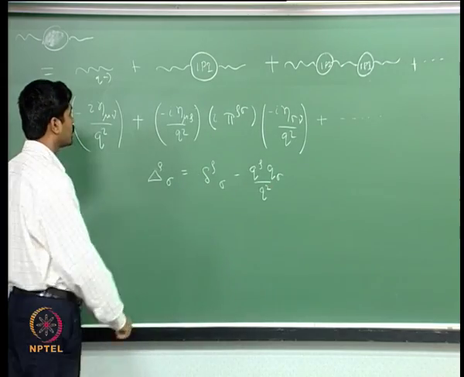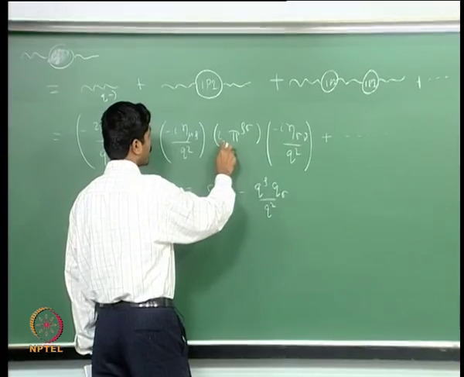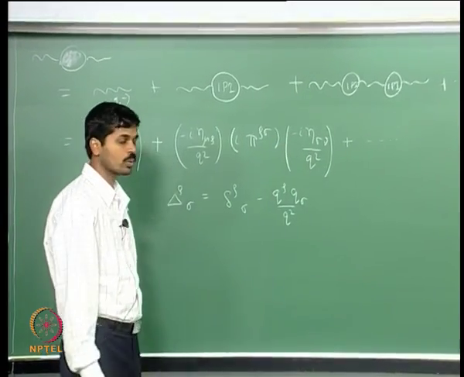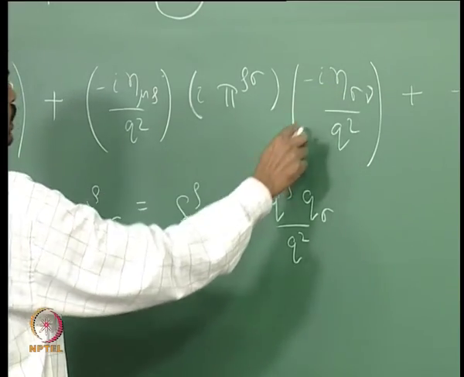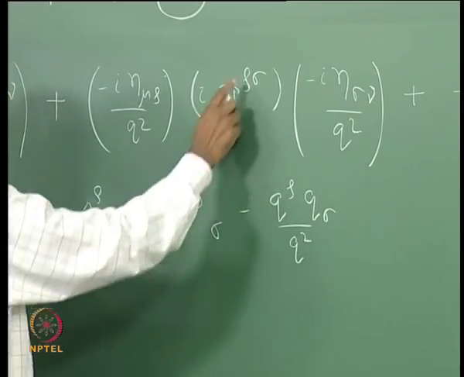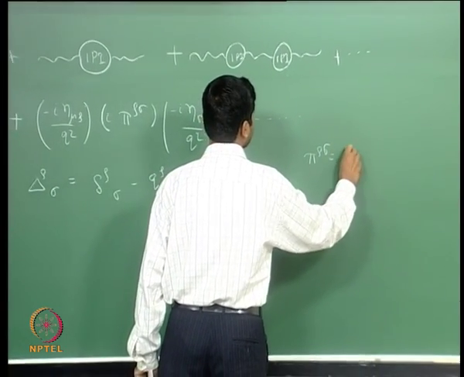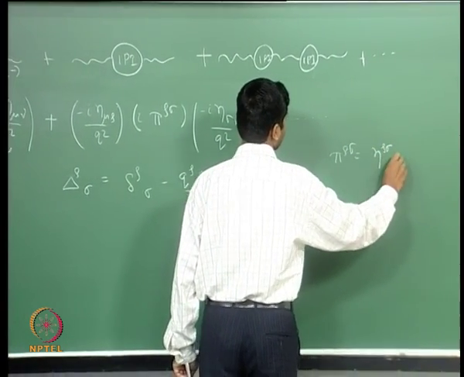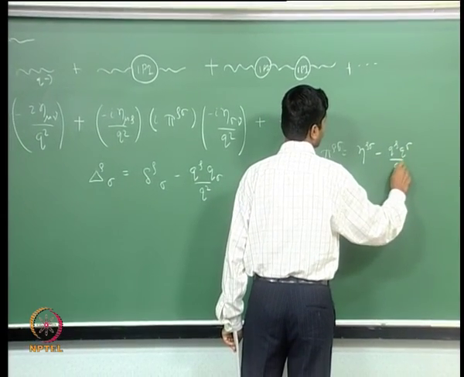Then you can see this quantity here, if I multiply this with this, then i times minus i gives me plus 1, and so π_ρσ is simply η_ρσ minus q_ρ q_σ divided by q².